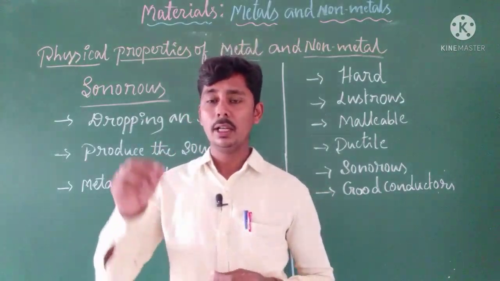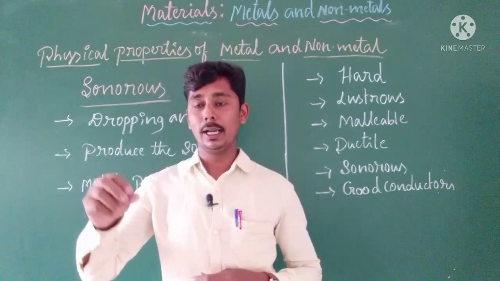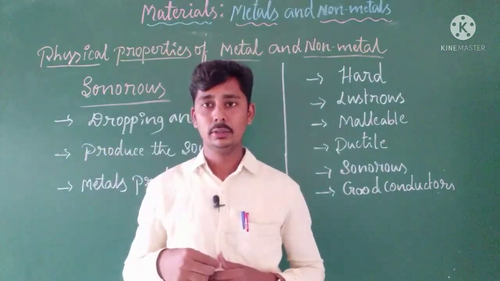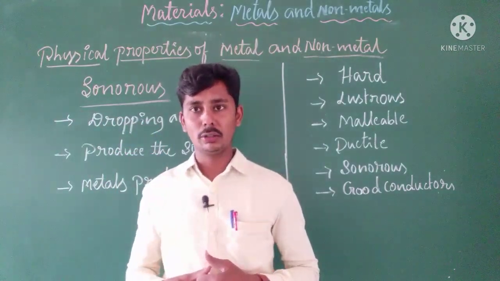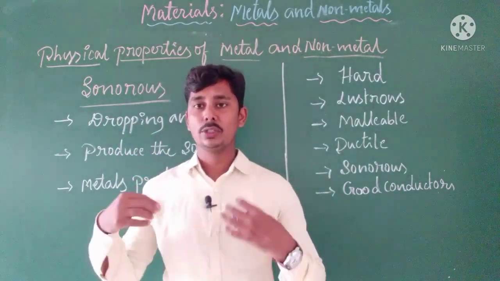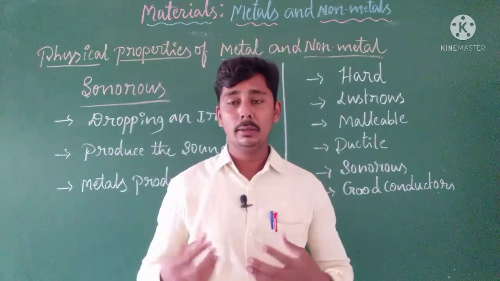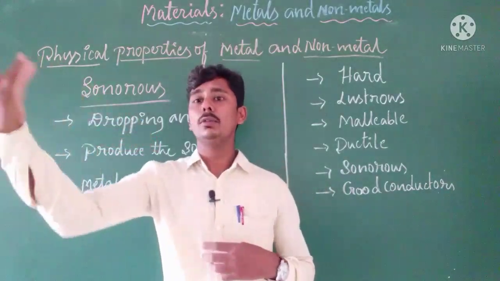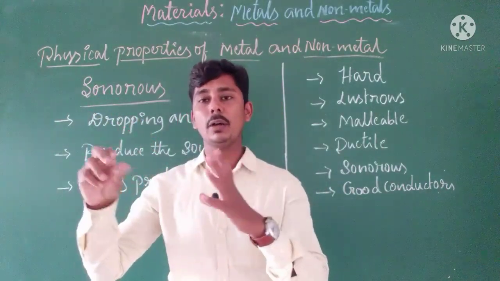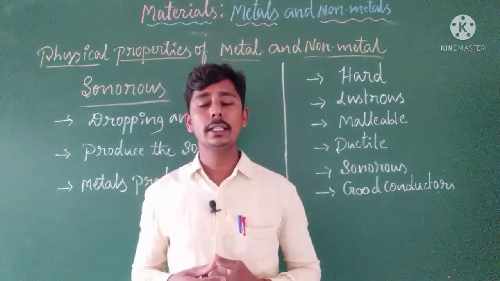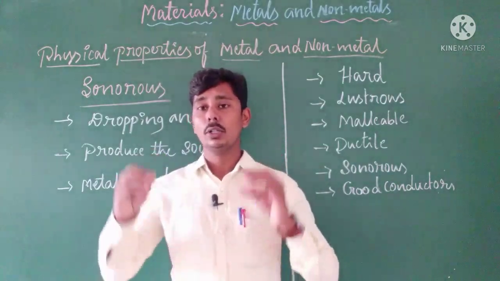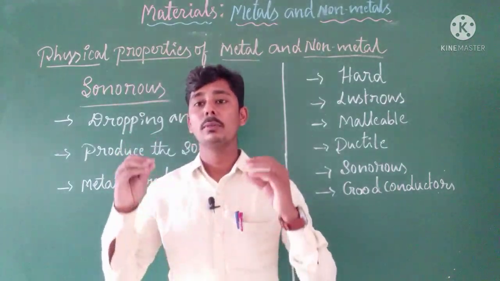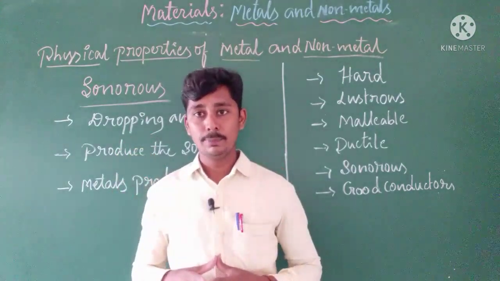For example, if we throw a metal coin, it produces a sound. If we throw an iron rod, it also produces a sound. But if we throw a piece of wood, it does not produce the sound. Some materials produce sound, and some do not.